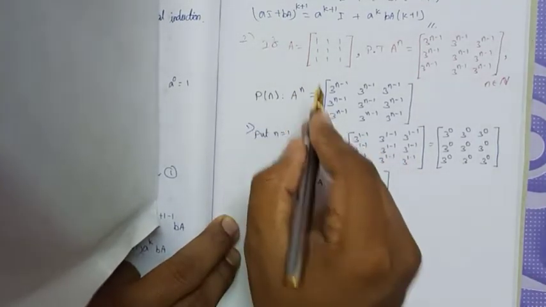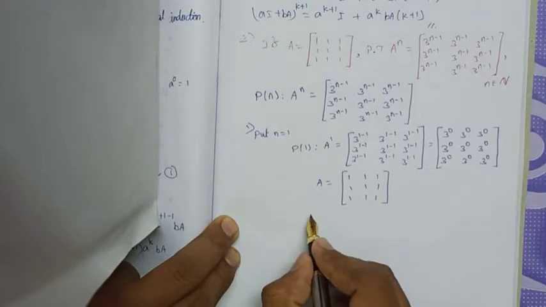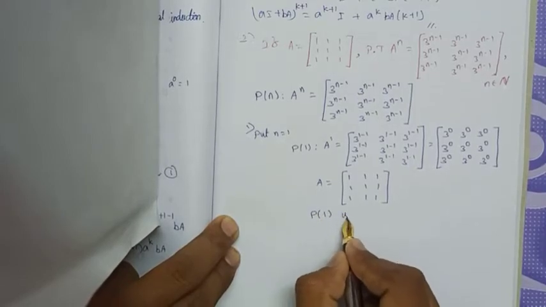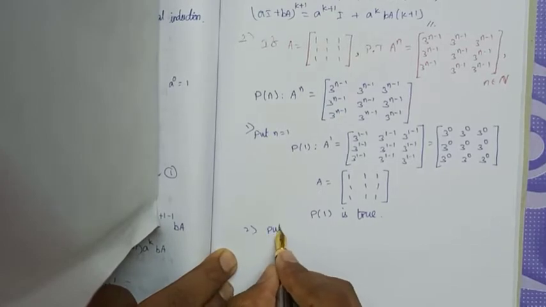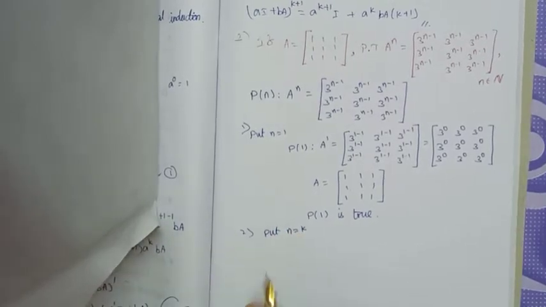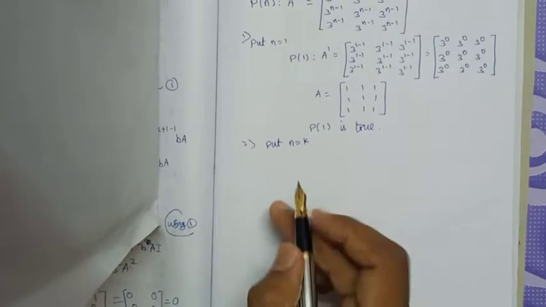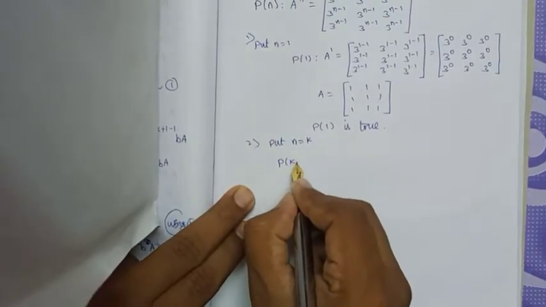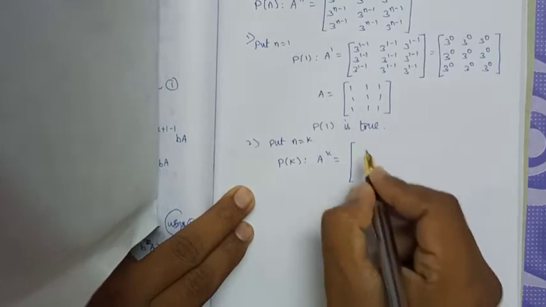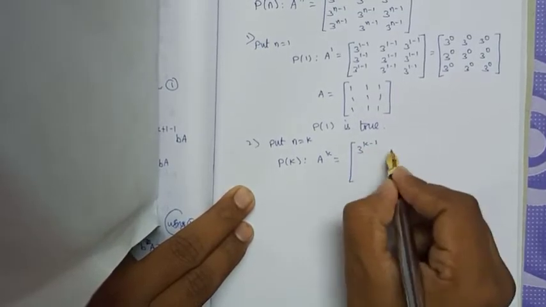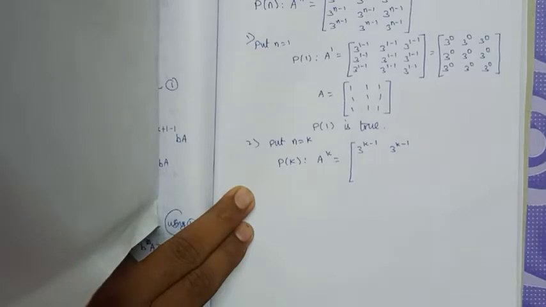So this is then given A, so we have proved for n equal to 1, therefore P(1) is true. So the second case, put n equal to k, we get P(k) is A^k which is equal to, n replaced by k, so 3^(k-1) in all entries.